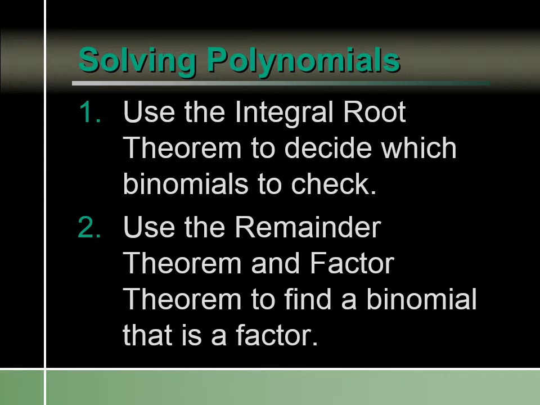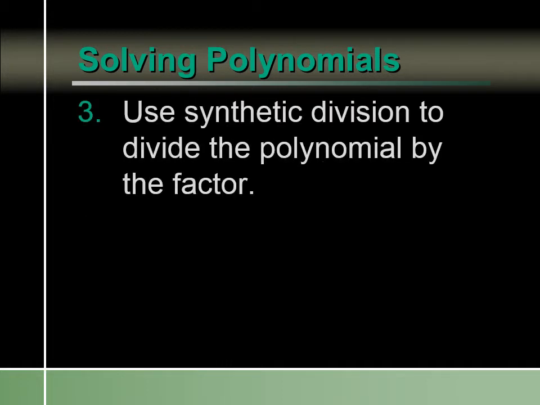Number 2, we're going to use our remainder theorem and factor theorem to find a binomial that is a factor. So once we've gotten the factors of our constant, then we're going to test them by plugging them into our polynomial to see if they will work. Once we find one that works, we're going to use synthetic division to divide the polynomial by the factor.